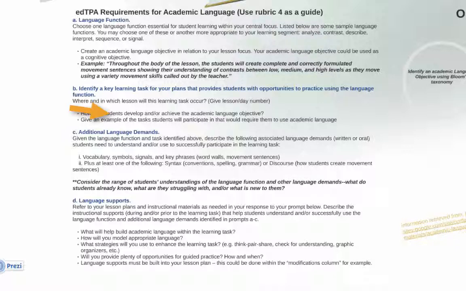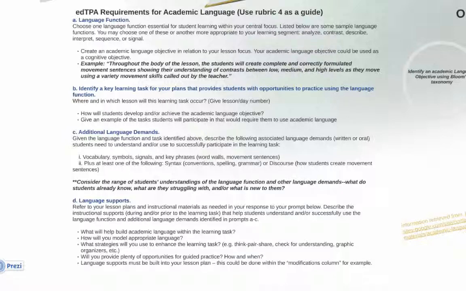How are they going to do it? What will they be doing? Give an example of the tasks that they're going to participate in that's going to require them to use academic language. And don't just think basic here. Be creative. You want these students really using it, not just regurgitating it to make you look good for an edTPA. You want them to really grasp this academic language.